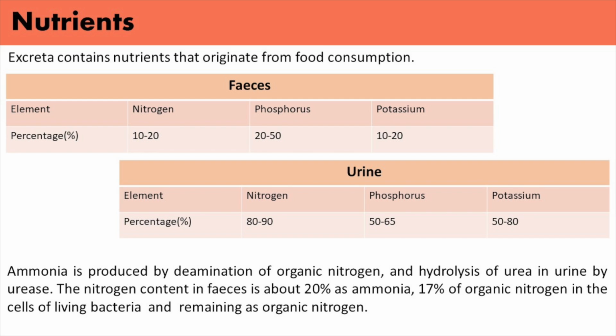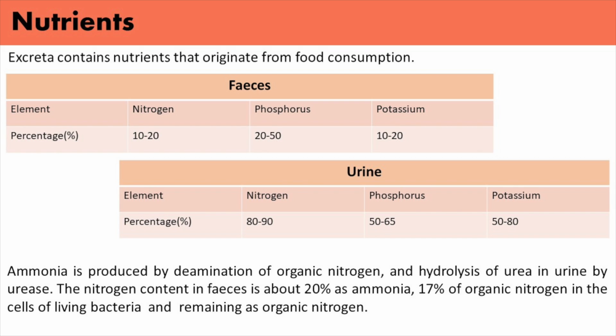Today, we shall learn about the physical-chemical constituents of fecal sludge. I shall give you an overview of commonly measured constituents for characterization of fecal sludge. Excreta contains nutrients that originate from food consumption.